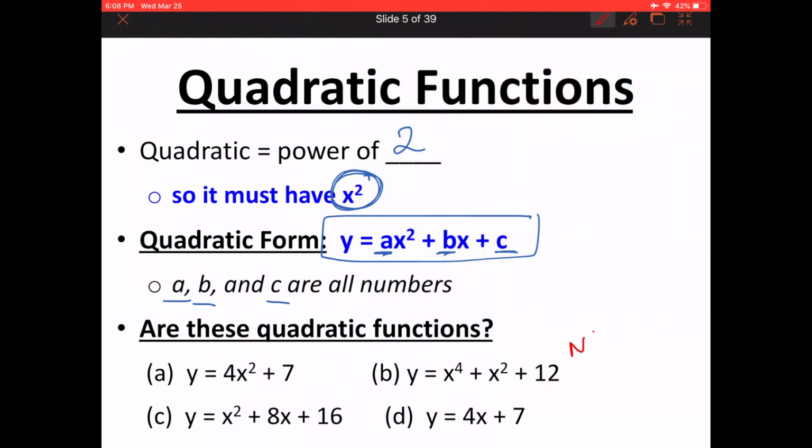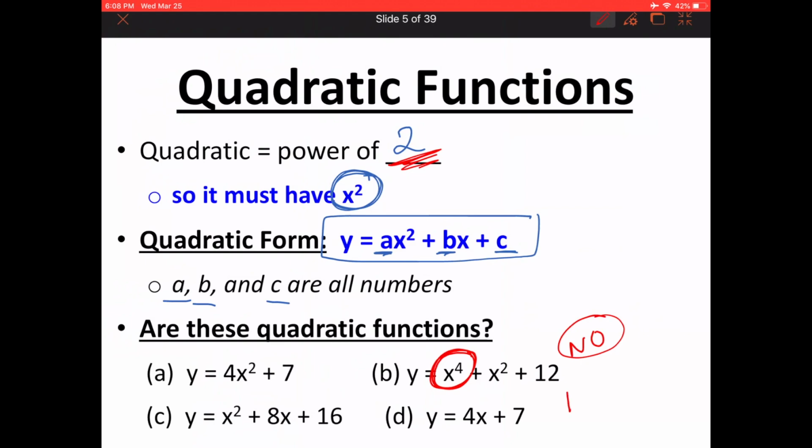Example B is not a quadratic function, and the reason why is this x to the power of 4. Quadratic functions can only have x to the power of 2 as their maximum exponent or maximum degree. So that's why example B is not a quadratic function.